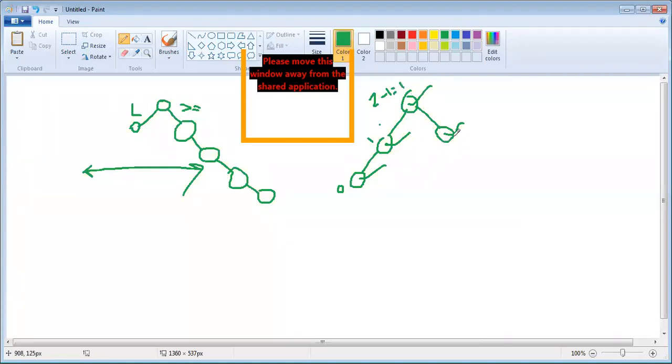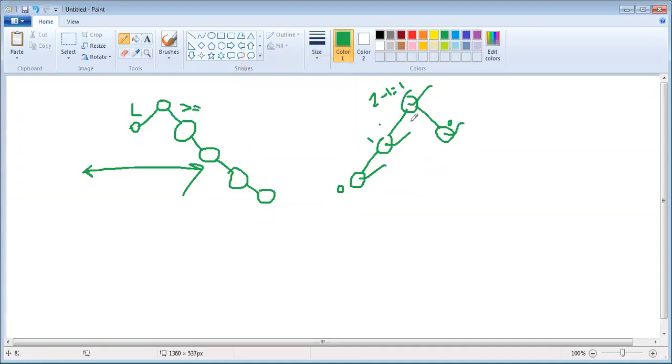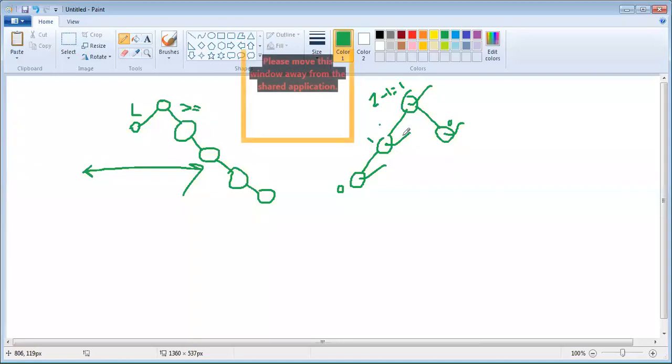Here also no left, no right, so the balancing factor is 0. So in all the nodes it is following either 0 or 1. Correct. So this height balanced binary search tree, we can call it an AVL tree.